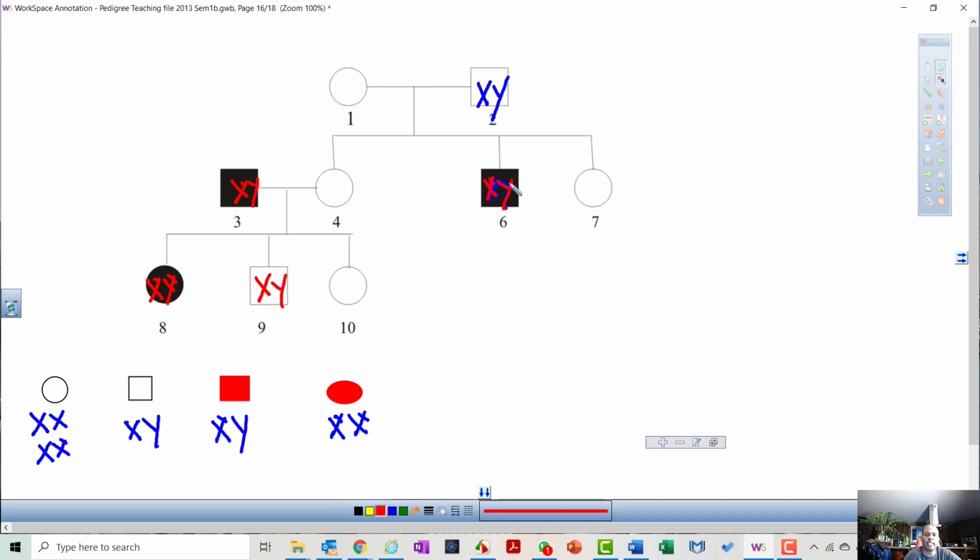I know that this son here must have received their Y chromosome from their father. That means they got this affected X chromosome from their mother. So I know this mom has an affected X, and she must be a carrier because she appears normal. If I take a look at this number 4, well, I know that this daughter received an affected X from her dad, and she must have received the other affected X from mom.